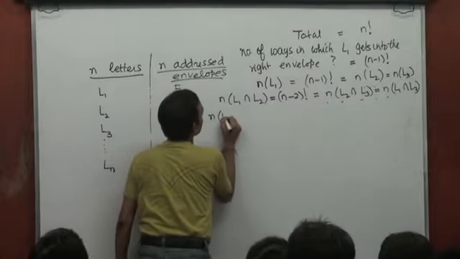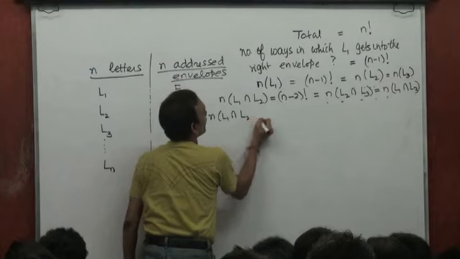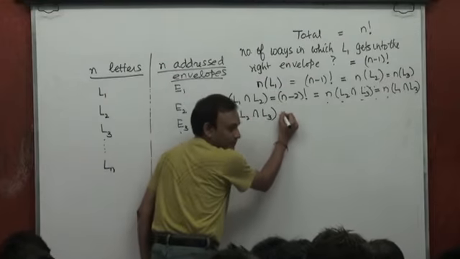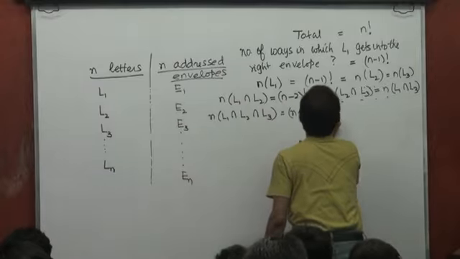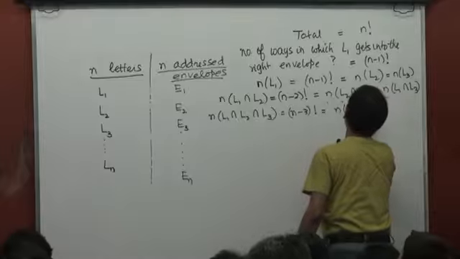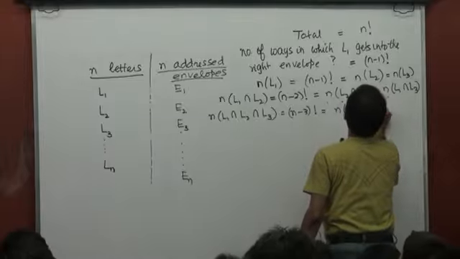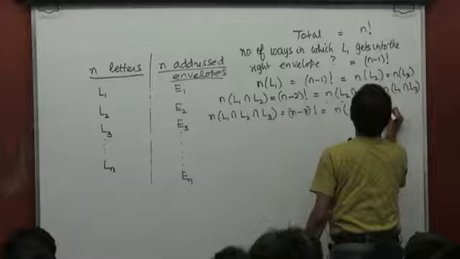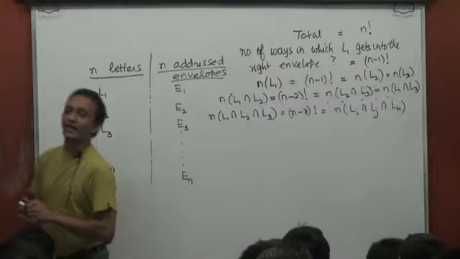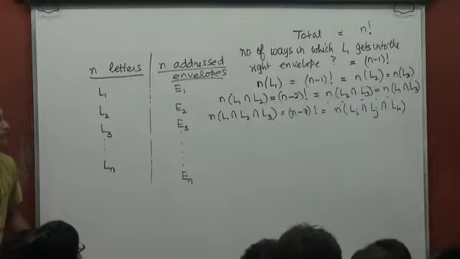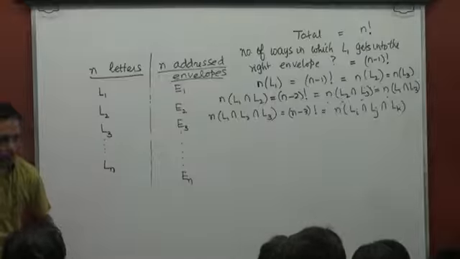Number of ways in which L1, L2 and L3 get into the right envelope is the same as the number of ways in which any three letters Li, Lj, Lk get into the right envelope. That will be n minus 3 factorial. How about it?